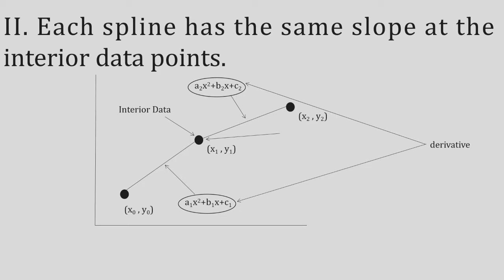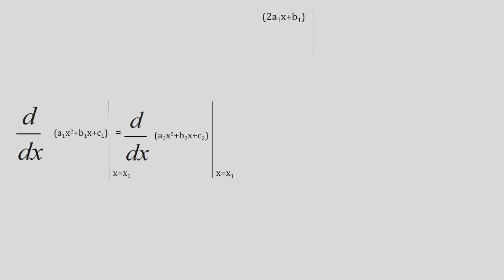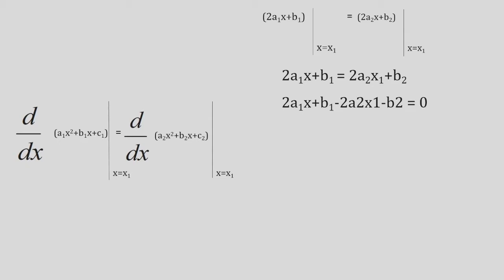Now, let's proceed and let's separate these 2 variables and derive them. So, we have this one. So, what happened now is we made an equation which forces the first derivative to be the same whether we use the first or second spline at x is equal to x sub 1.